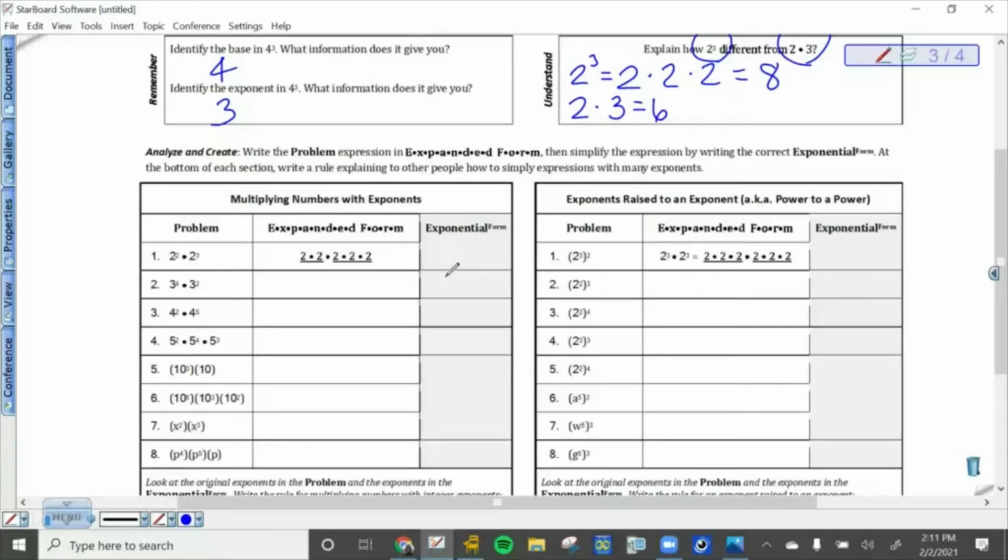So 2 to the 2nd becomes 2 times 2. 2 cubed, 2 to the 3rd becomes 2 times 2 times 2. So the whole thing becomes 2 times 2 times 2 times 2 times 2. So then in exponential form, we're going to simplify this. So how would we write this using exponents?